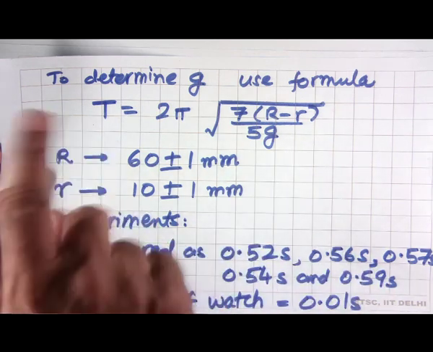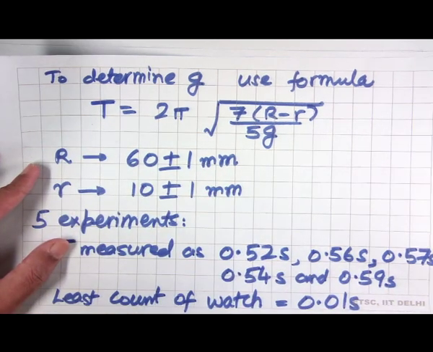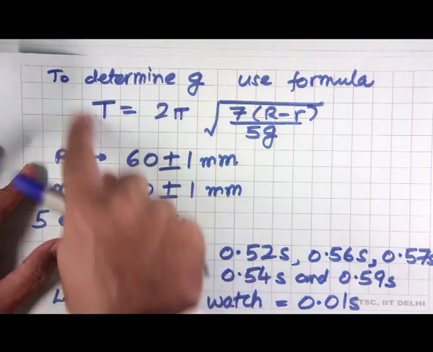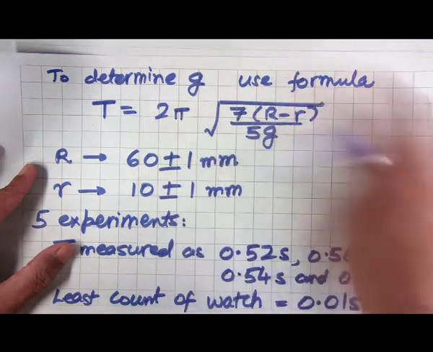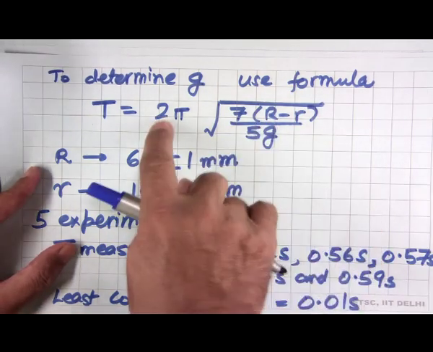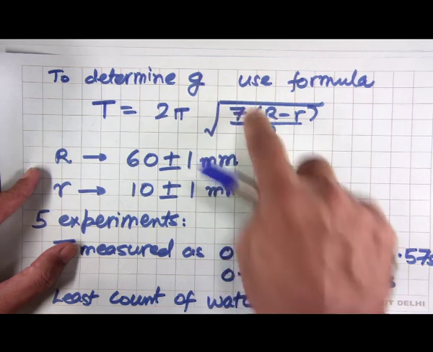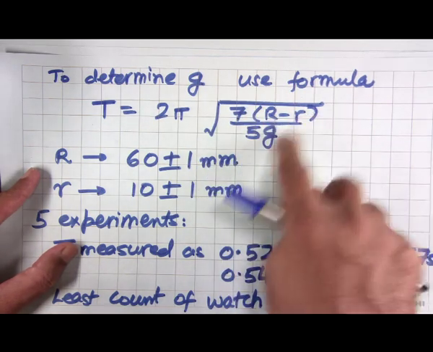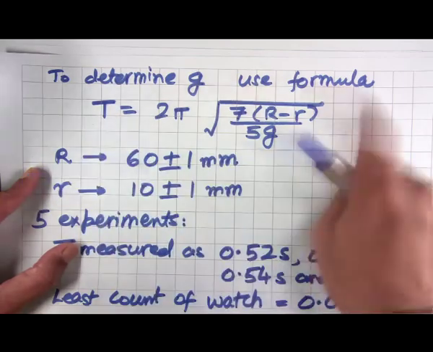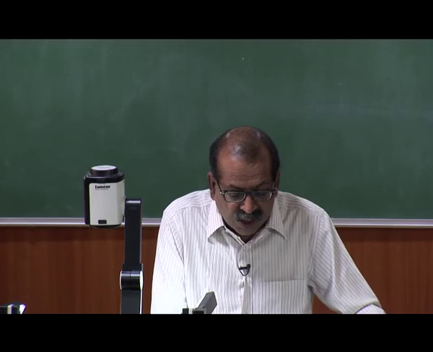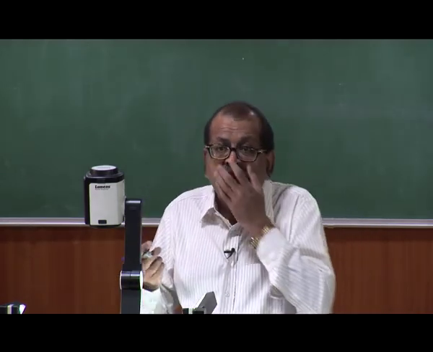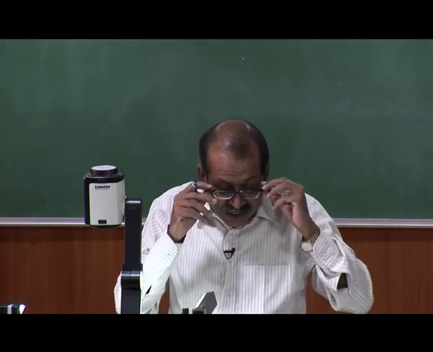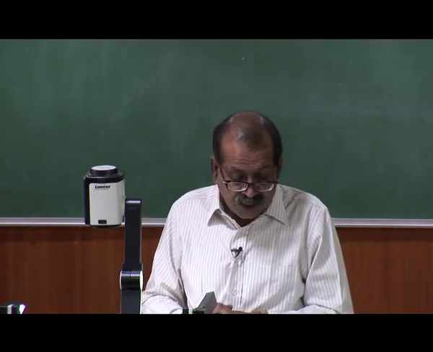One of the ways to ensure this formula is right is that the dimension of T on the left hand side must be equal to the dimension of the right hand side, where we have constants which are dimensionless like 2 pi, 7 and 5, but then we have R minus r by g. So, dimensionally both sides have to be consistent, and this dimensional consistency of equations is what one can use, and this is what gives us also how dimensional analysis can be used to predict some formulas.